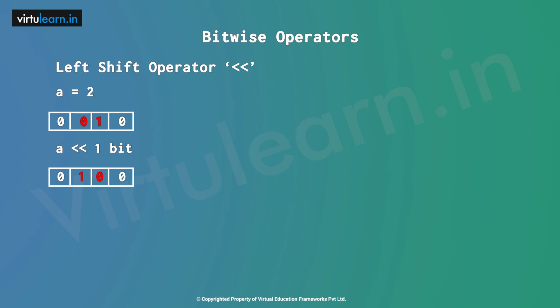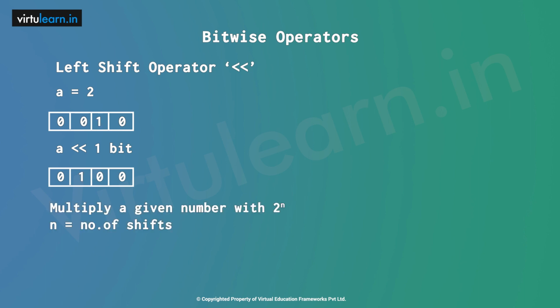The logic behind the left shift is we need to multiply a given number by 2 to the power of the number of shifts.